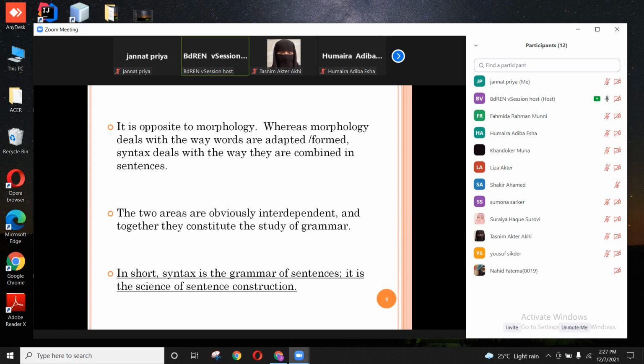So that's why "I like coffee, I like black coffee" is acceptable as the words are combined together by following the rules of syntax. But if somebody says, "I black coffee like," that would not be acceptable in English, because the words are not combined together by following the rules of English syntax.